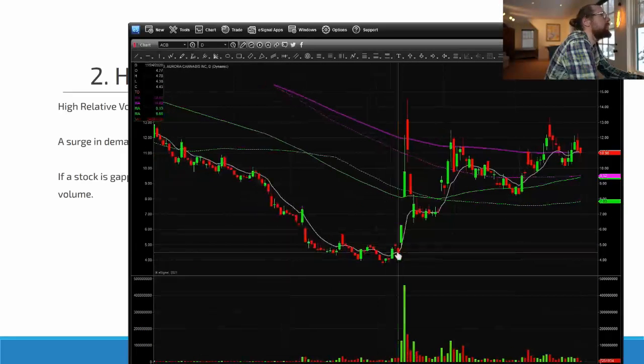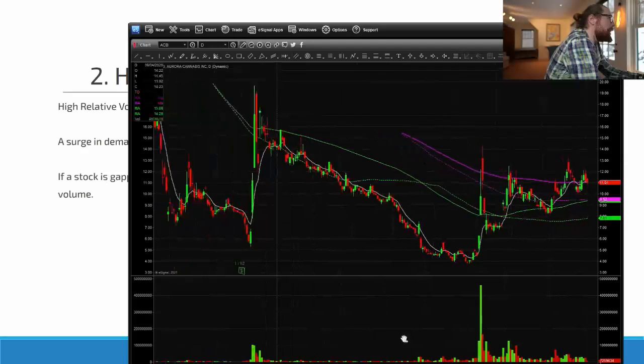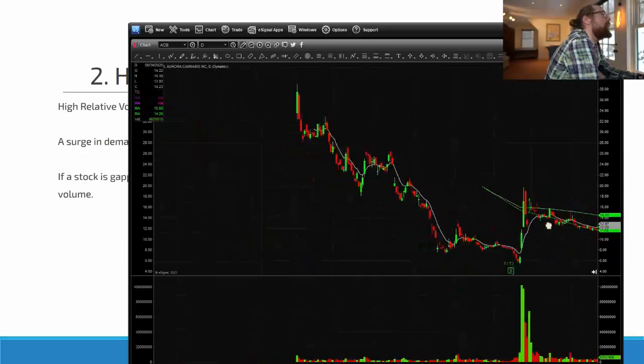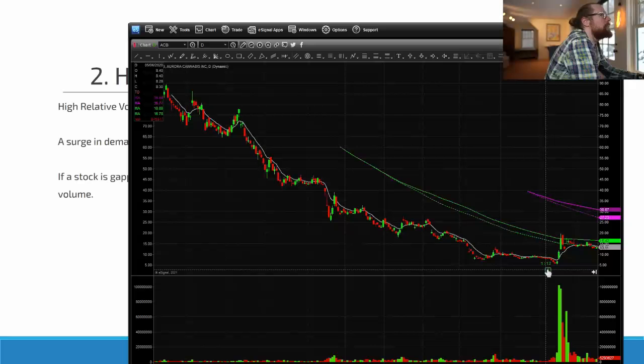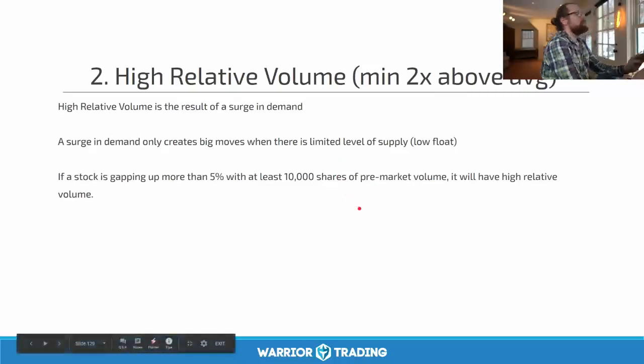But in this move here, it went from $5 to $15 a share. So it made a really big move, and it did the same thing back here. And note how close that was, in this case, to a split, which is kind of interesting. In any case, this to me was worth trading, but the float was definitely a bit on the higher side. So float is first, and then the second is the high relative volume.